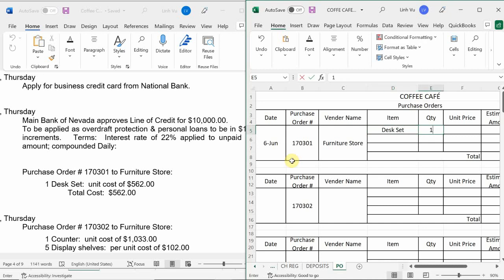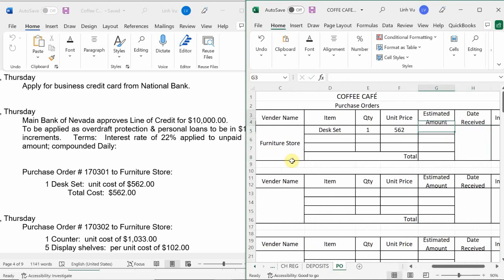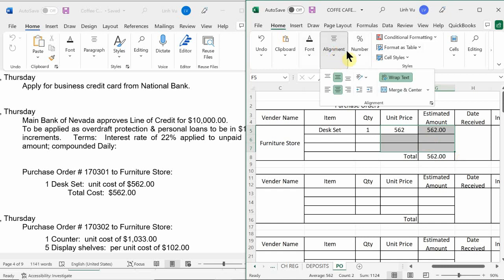We bought only one, with a unit price of $562. So therefore, the total amount that we purchased it for is $562. So therefore, that's my grand total. Okay. So let me change these.